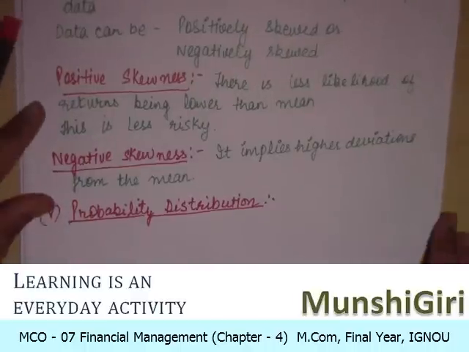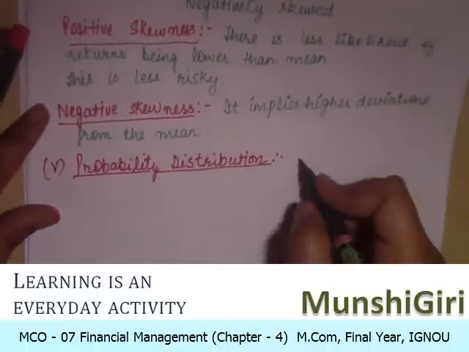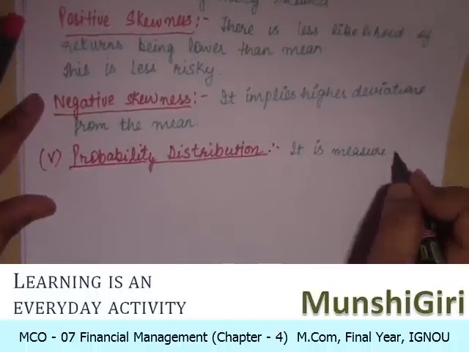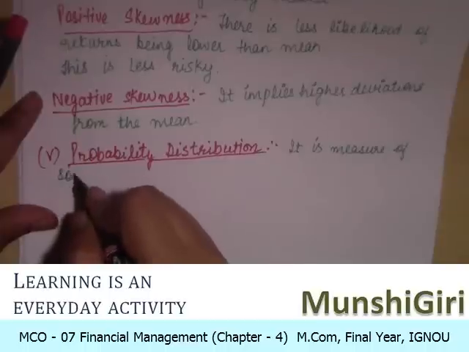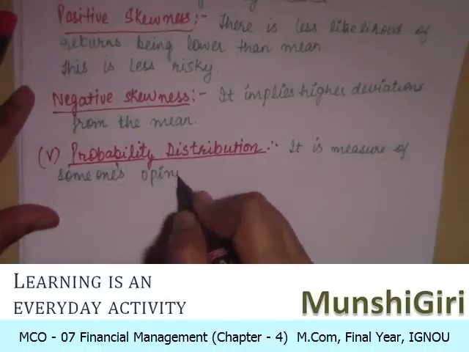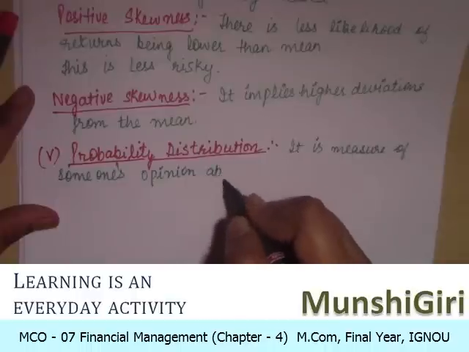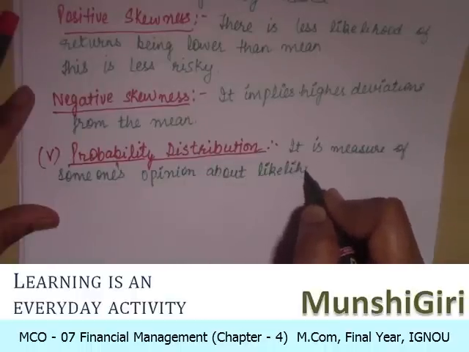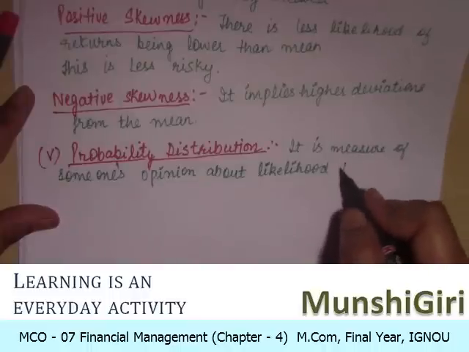So probability distribution is a measure of someone's opinion about likelihood that an event will occur.